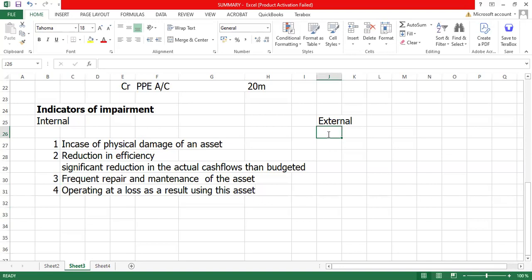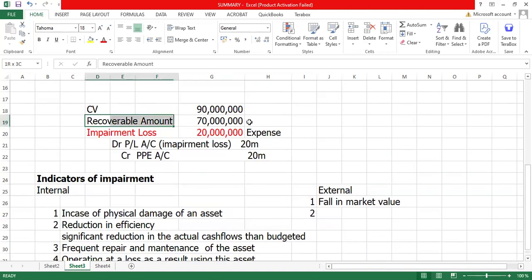If there is change in the market value. Here, one, you can look at the fall in the market value. If the market value has reduced, automatically it can also be an indicator that at the end you're going to receive a lesser amount.